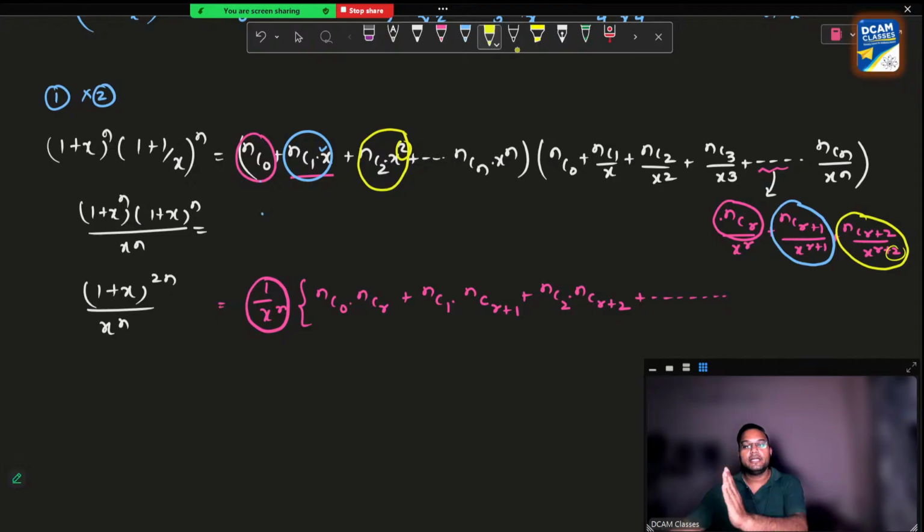So I am taking the coefficient of 1 by x power r from all this. I'm only taking those terms in which I'm getting 1 by x power r. I'm neglecting the rest all.